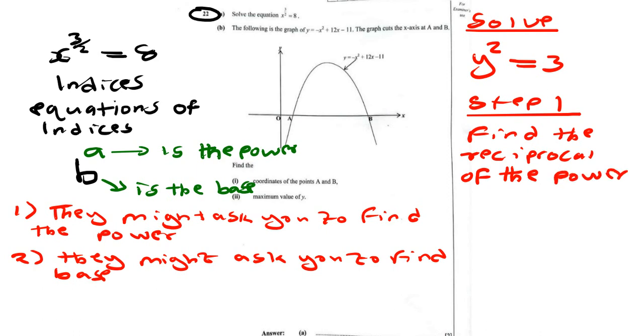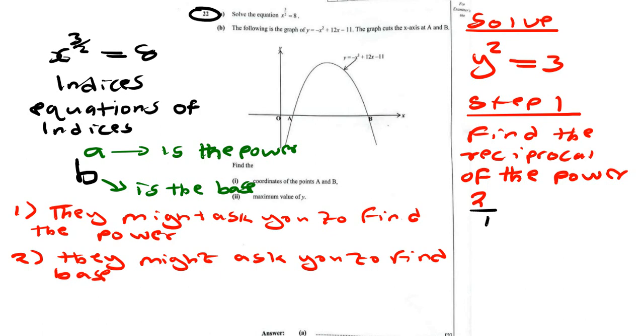That's the first step. So what is the power in this case? Our power is basically 2. So what is the reciprocal of 2? I can make 2 become a fraction by introducing 1.